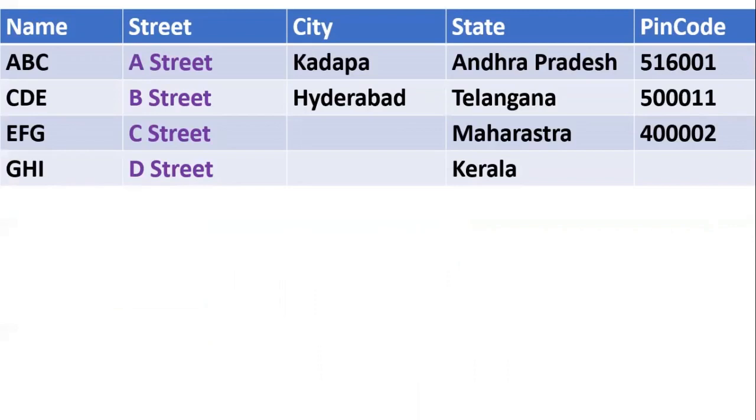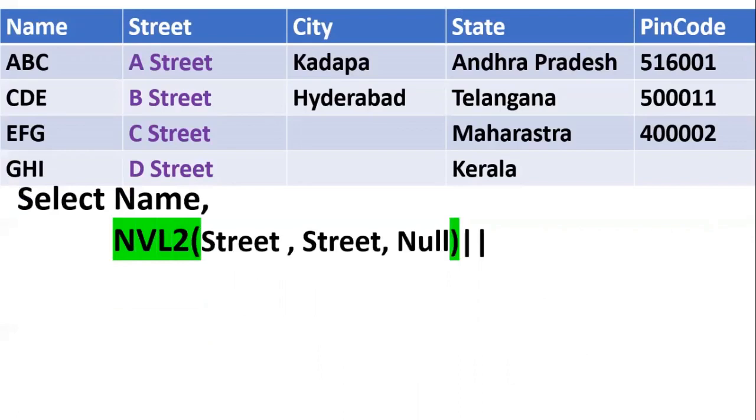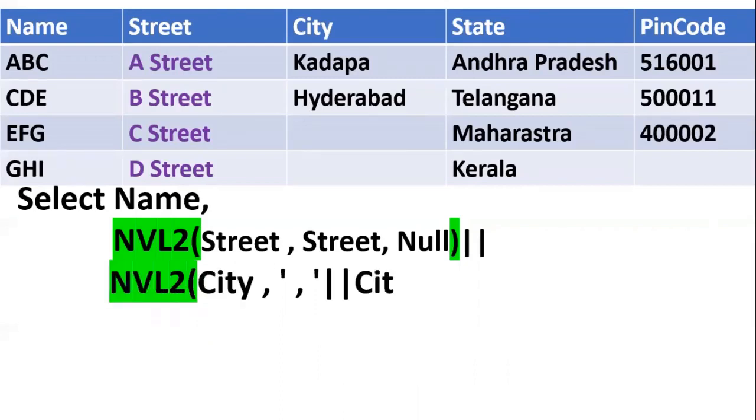We'll see one more time. For the first two records, there would be no issues. For the third and fourth records, we need to handle it. NVL2 is used to handle null values as well as not null values. If it is null, we pick the third value. If it is not null, we pick the second value. For the third record, it is null, so it will display as null only.